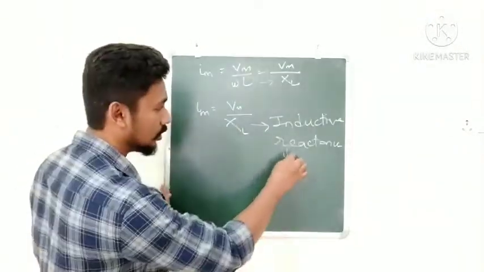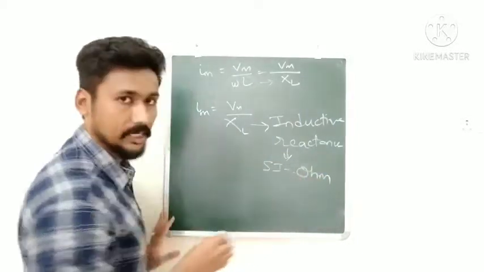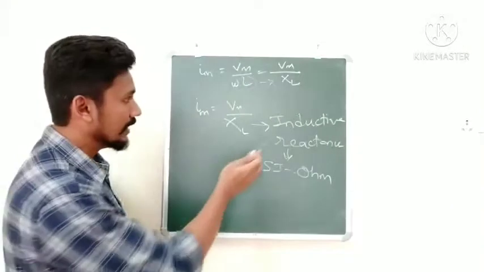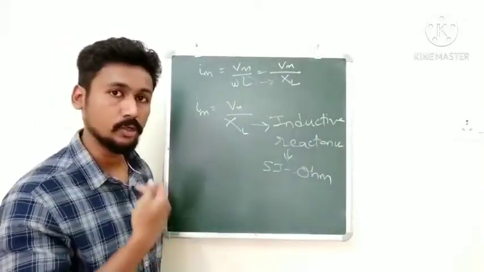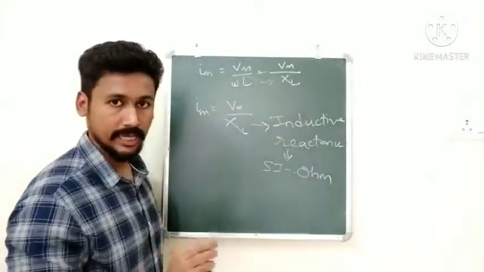That is, SI unit of inductive reactance is ohm. Okay, same as that of resistance. So inductive reactance is what is going to oppose the electric current, and it is given by omega into L.